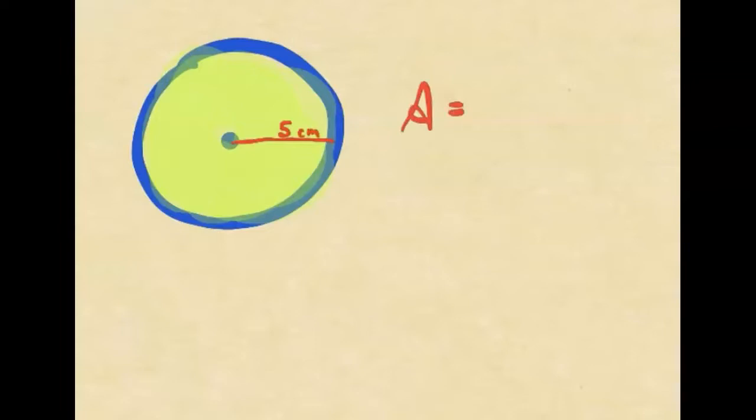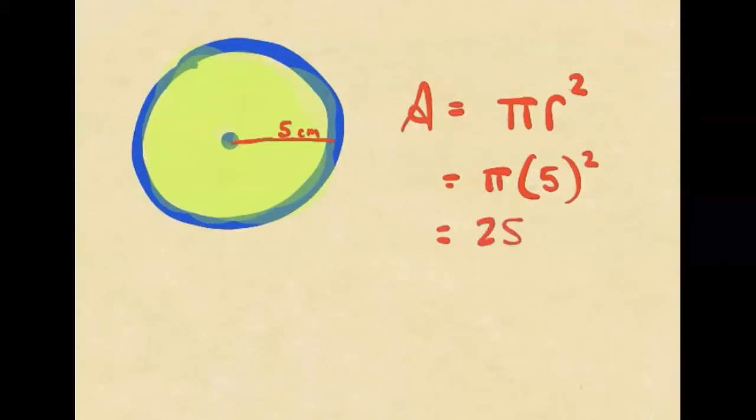Area of a circle, we know, or we could certainly look up, is pi r squared. Area equals pi r squared. So we would just say pi radius squared. And that would be 25 pi, which you could leave like that, or you could multiply it out.